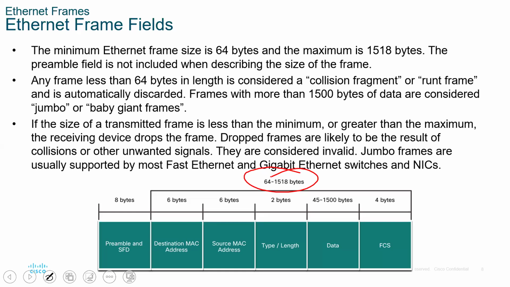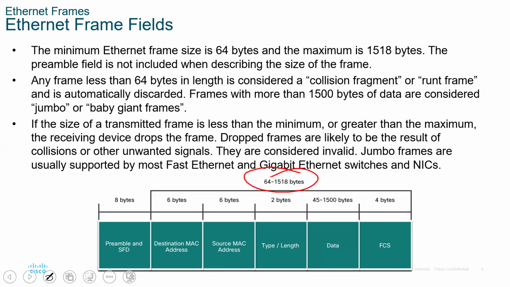So frames that are more than 1500 bytes are considered jumbo or baby giant frames. Okay, so if the size of the transmitted frame is less than the minimum or greater than the maximum, the receiving device drops this particular frame. Dropped frames are likely to be the result of collision or other unwanted signal.